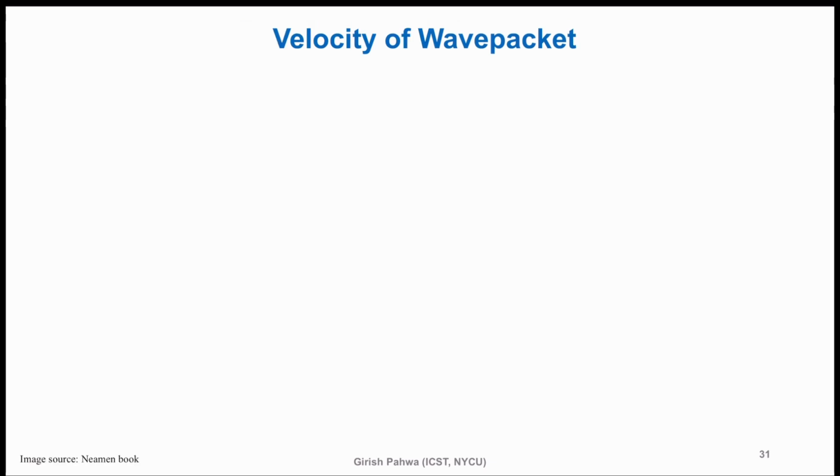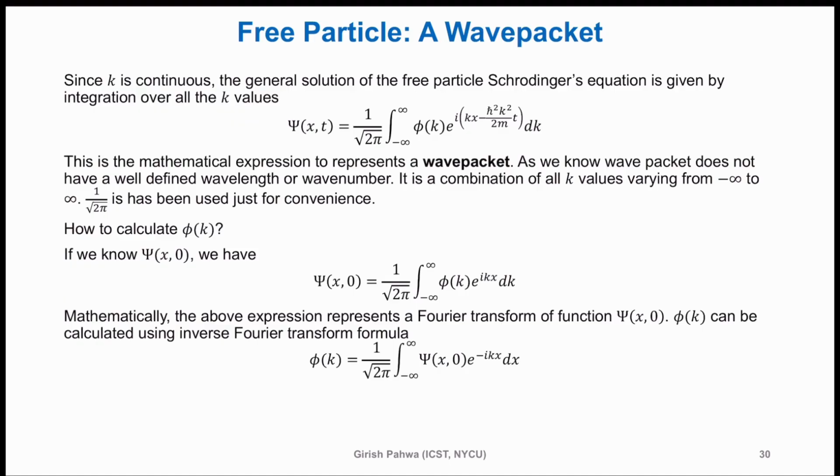Now, I know that this is a wave packet. Why is it a wave packet? Can you see this? You have some summation, and then you have some constant, say c, and then you have e to the power iota kx. So you are taking the algebraic sum of plane waves of different wavelengths.